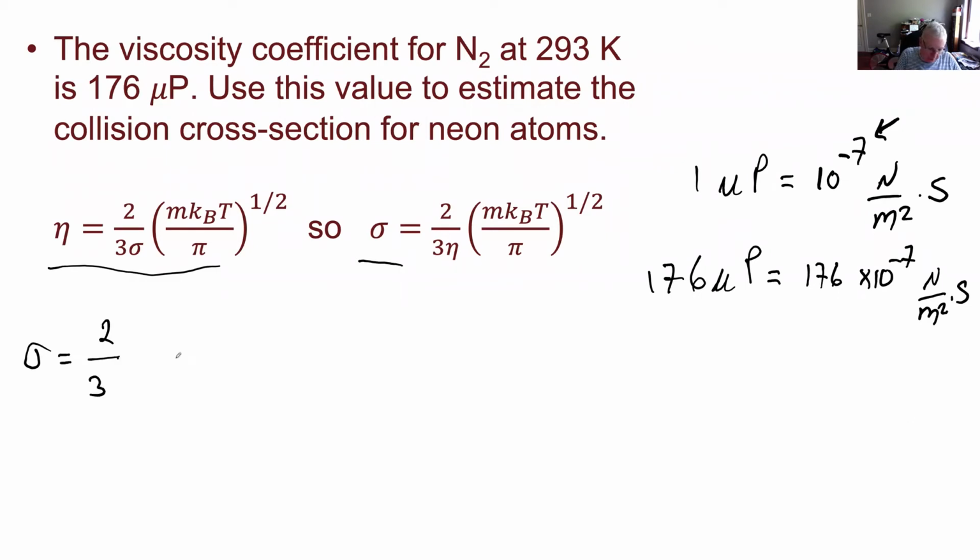I've got down here on the bottom, I need my coefficient, which is 176 times 10 to the minus 7. Let me put all my units in here because I do want to make sure I get them right in the end. The seconds are up here, I believe. Then I've got a square root term, which is, oh, the mass.